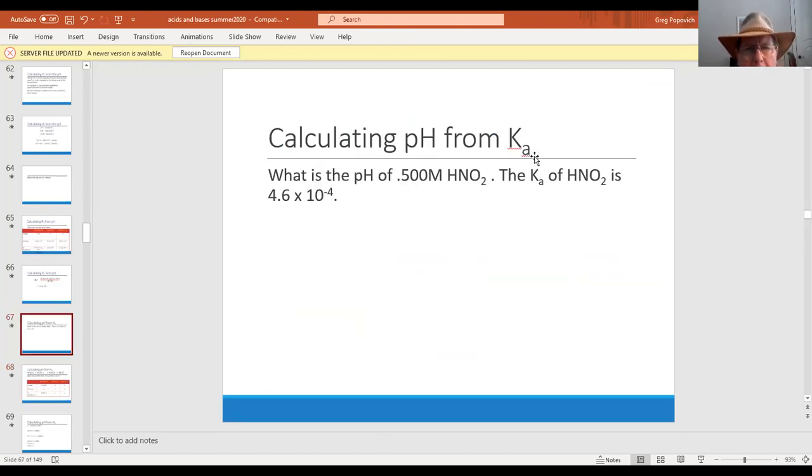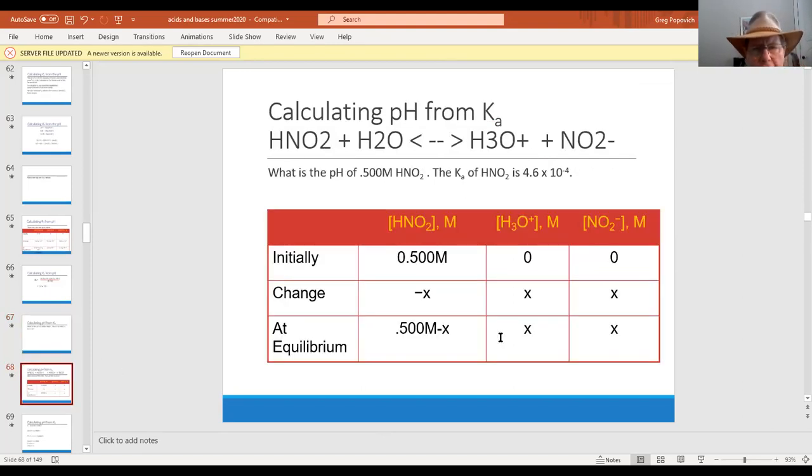Does the problem give me the H3O concentration or the NO2 minus concentration? No. So I'm going to call it X. If my H3O concentration is X, so is my NO2 concentration. If I started out with 0, that meant that I added a positive X of H3O and a positive X of NO2.